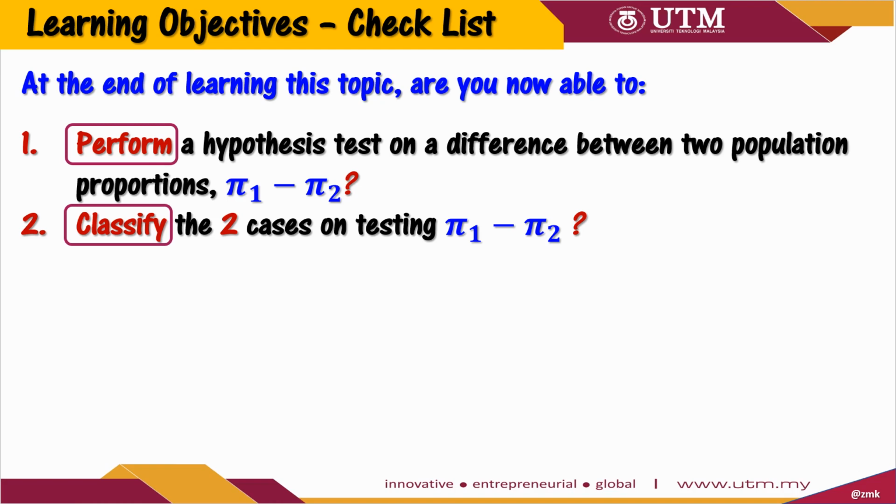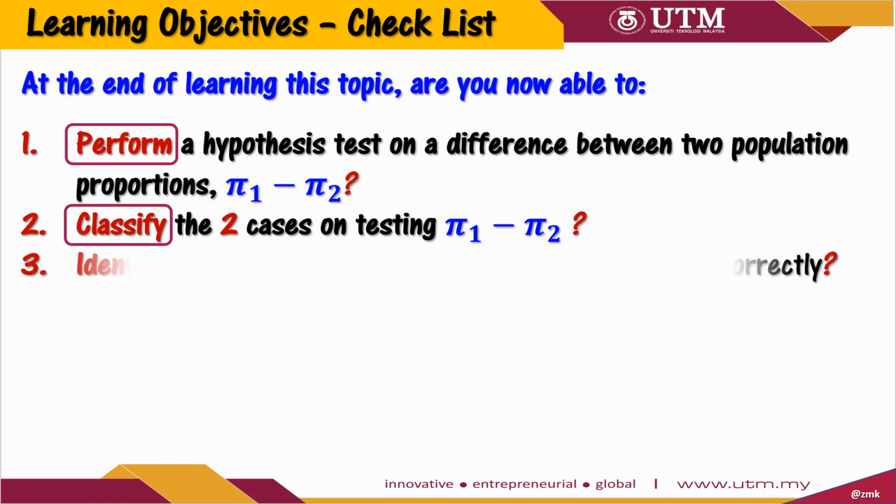Case 1 is when the difference is not 0, so you should use individual sample proportions p1 and p2 to estimate the individual population proportions pi1 and pi2 respectively in the z-test formula. Whereas we have case 2 when the difference between pi1 and pi2 is 0 under H0. In this case 2, you should use a pooled proportion to estimate the unknown and equal population proportions in the z-test formula.